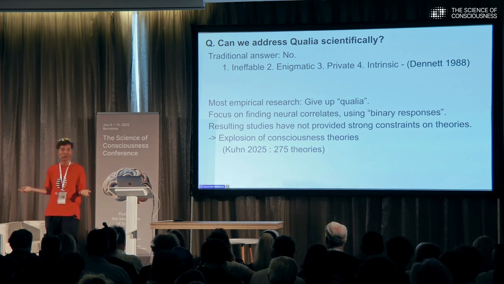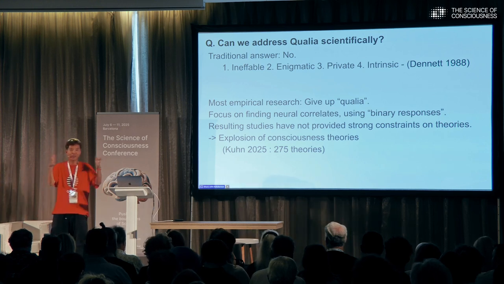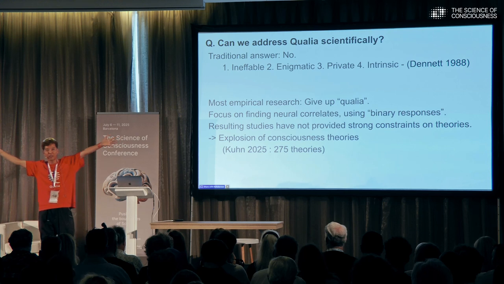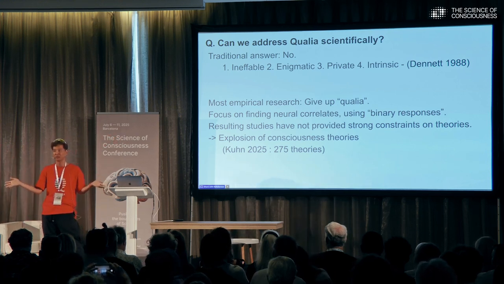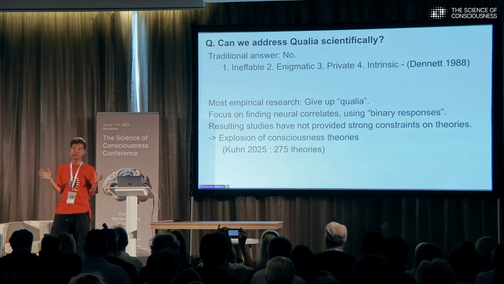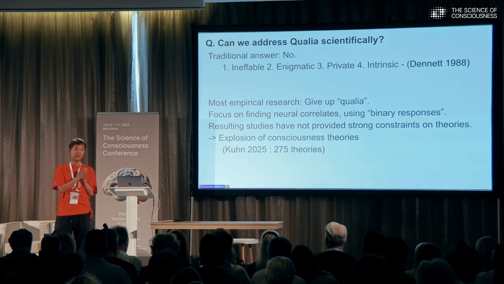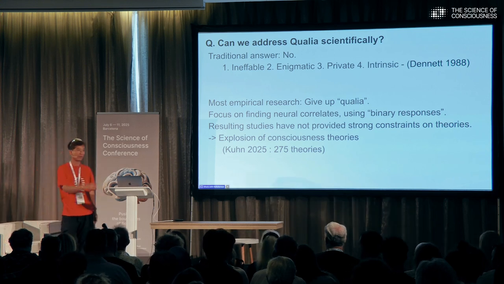A few years ago, it was roughly 40 or something. So the more you look into it, the more it proliferates. It's like a Cambrian explosion of consciousness theories. This is quite ironic if you think about it: empirical neuroscience research of consciousness started around the 1990s, and we are now 35 years since the beginning, the Tucson meeting, right?